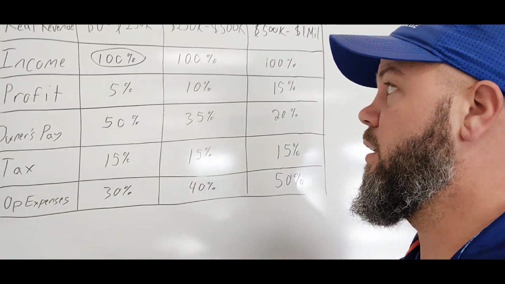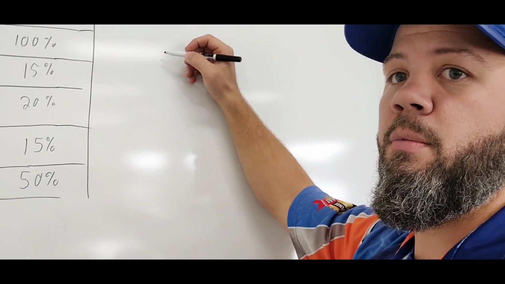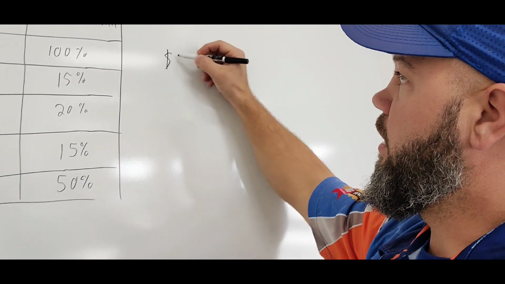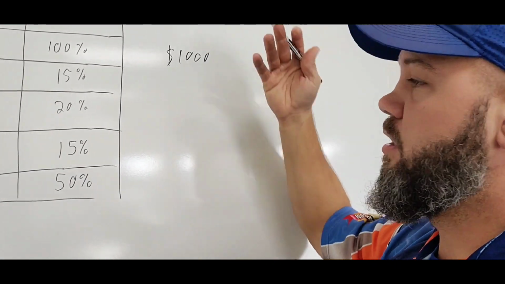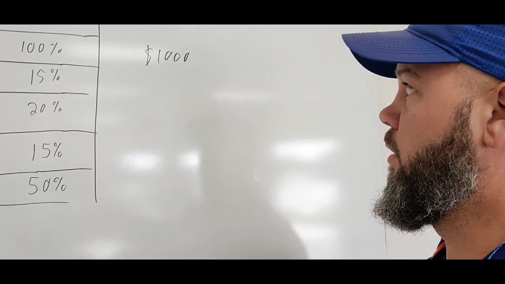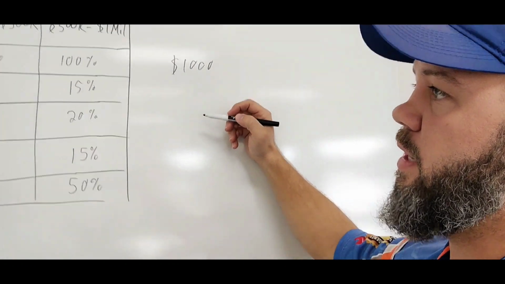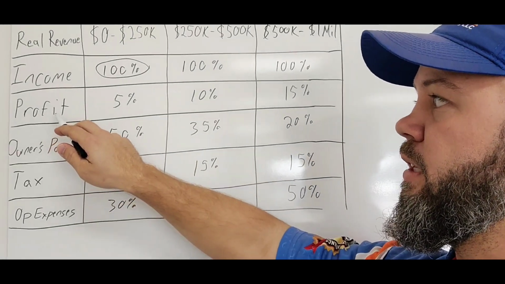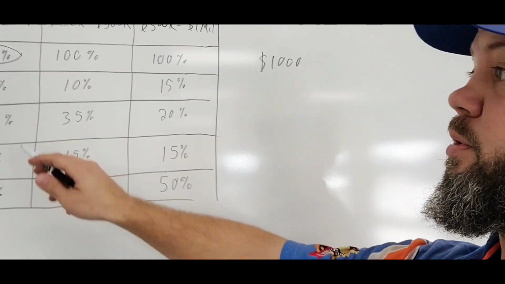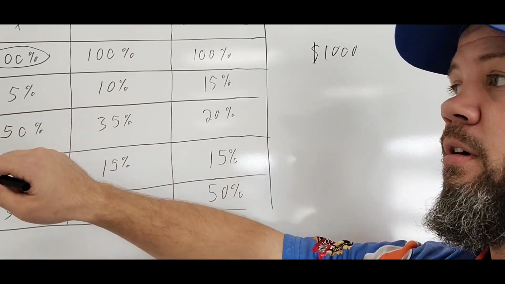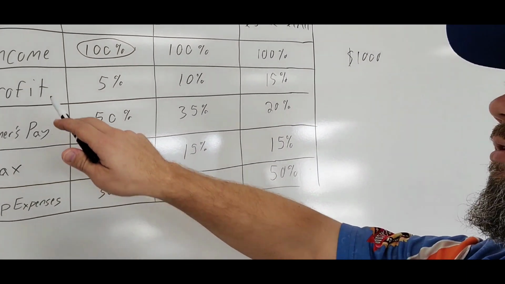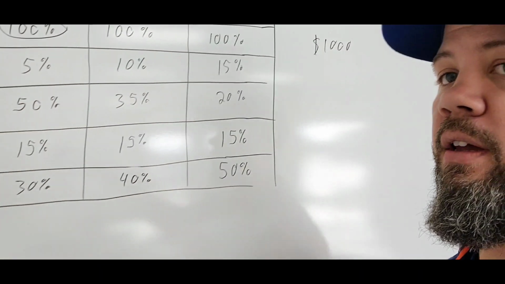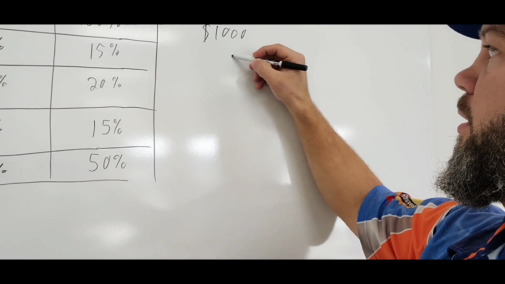So it's the end of the week, you just deposited money in there. Let's say that the end of the week you did $1,000, just for simple math. So you put $1,000 into the income account. Profit is going to be 5%. So of that $1,000, you're going to put 5% into your profit account. 5% is $50.